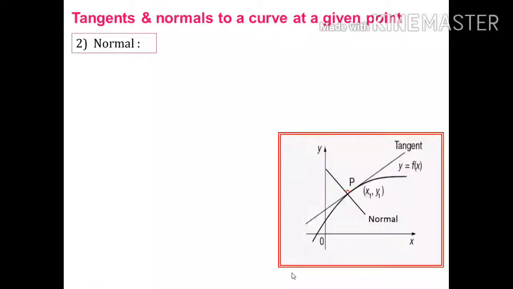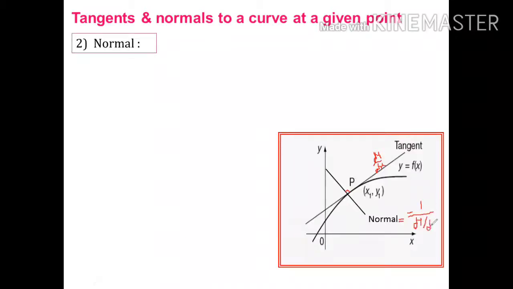Statement: if lines are perpendicular, the product of their slopes is minus 1. Here the slope of the tangent is obtained by the derivative, so the slope of the tangent is given by dy upon dx at the particular point P (x1, y1). As the normal and tangent are perpendicular, the slope of the normal is minus 1 divided by the slope of the tangent, and here the slope of the tangent is dy upon dx.